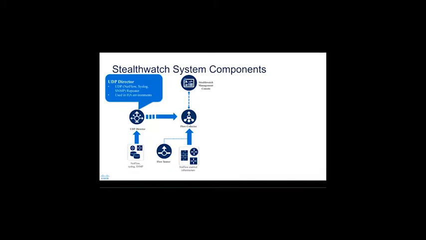The UDP director can then determine, based on policy, where to send this data. This can be handy in environments where you have multiple flow collectors, or you know that you're going to start with 2 collectors and then maybe eventually get to 3, 4, 5 based on the scope and growth of the environment. What you can do is have the customer send all of their flow to the UDP director, and then have the UDP director decide which collector to send that data to based on policy rules.